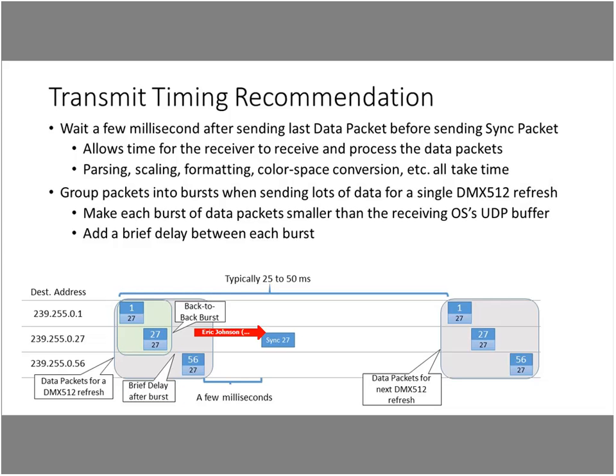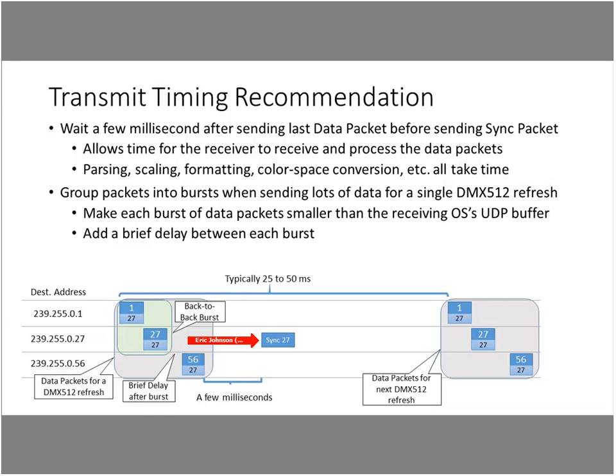This is probably one of the most understated things in the standard: the fastest way to have poor sync performance is to send that sync packet as fast as you can after you send the last universe of data. I can guarantee you, with no daylight in between, you're likely to have issues with that last universe syncing properly. So giving a little bit of daylight in between really does make all the difference in the world.